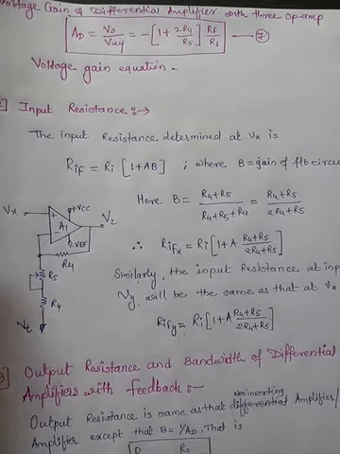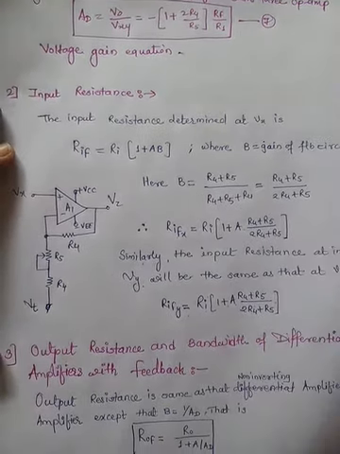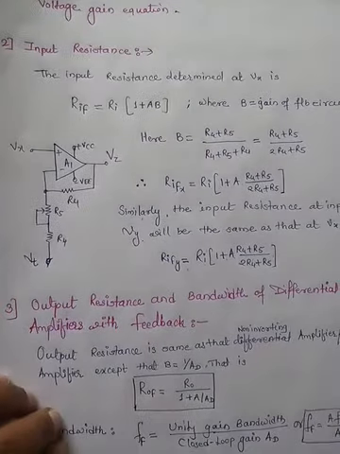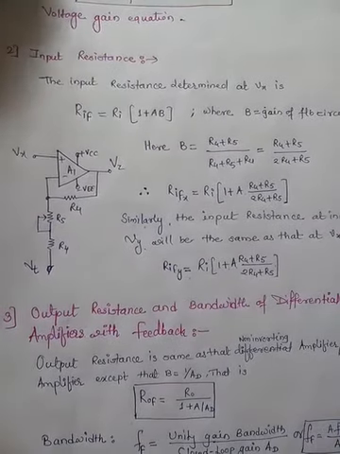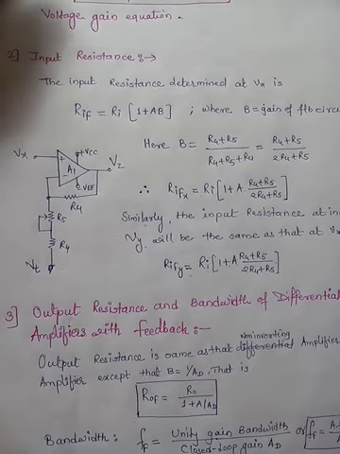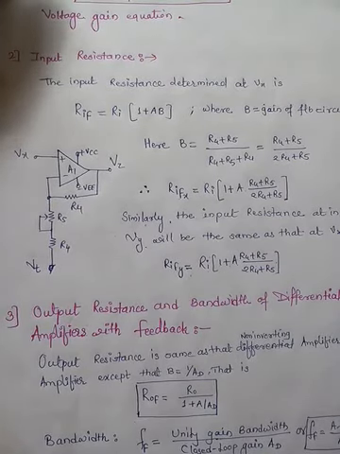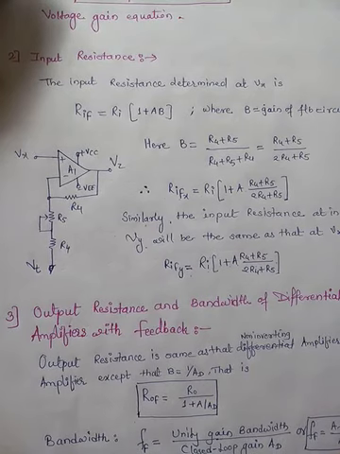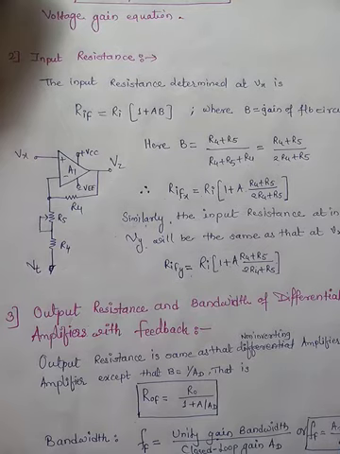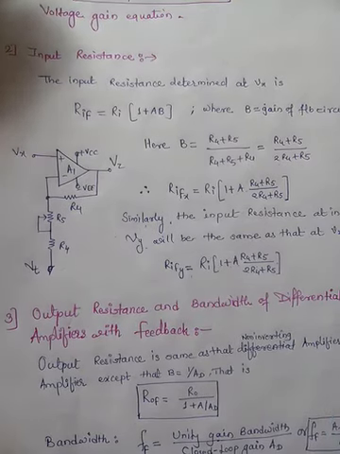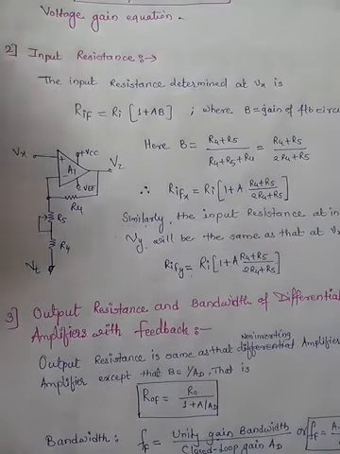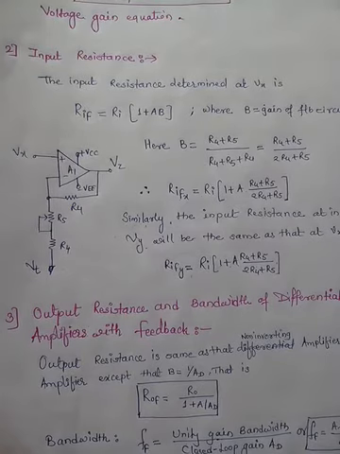Now the other parameters are output resistance and bandwidth. We have already determined the output resistance for all the configurations: inverting configuration, non-inverting configuration, and also the differential amplifier. In all the cases the output resistance will be the same, as we followed the same circuitry to find out the output resistance looking into the output terminal of the op amp.